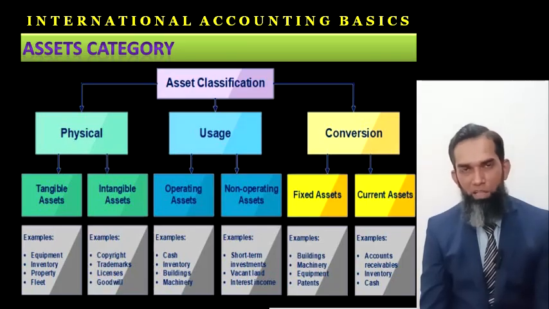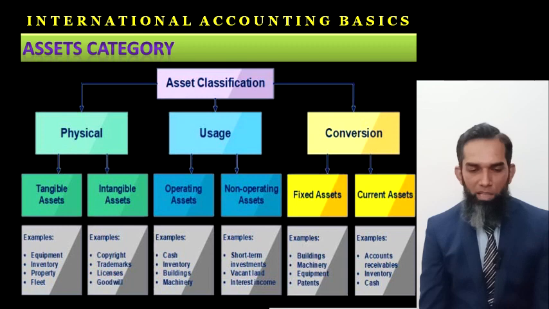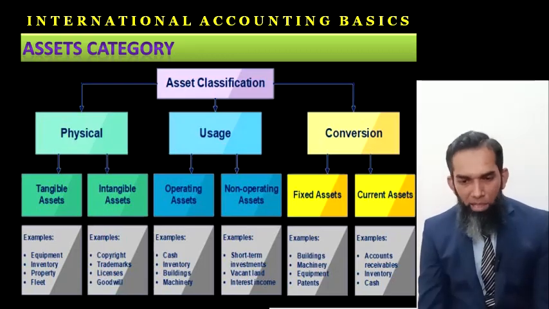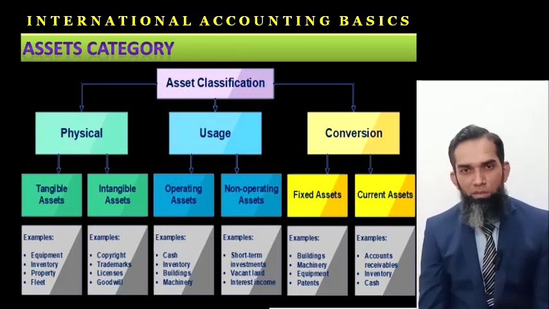In the usage form, there are operating assets and non-operating assets. Operating assets are cash, inventory, building and machinery. Non-operating assets are short-term investments and bank and land interest income. This is the kind of usage-based classification. And for conversion-based assets, there are fixed assets and current assets, which we have already talked about.